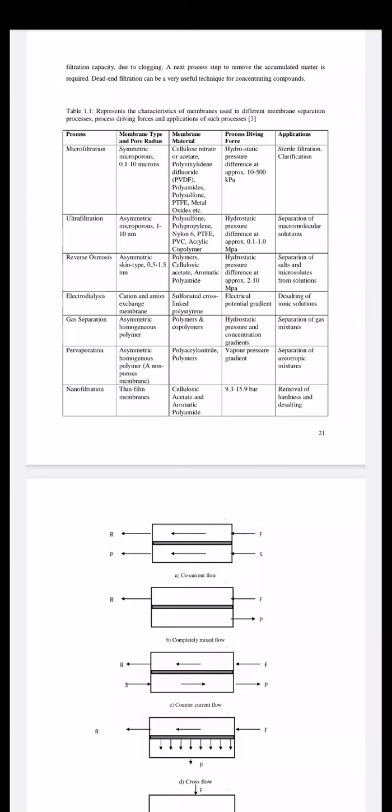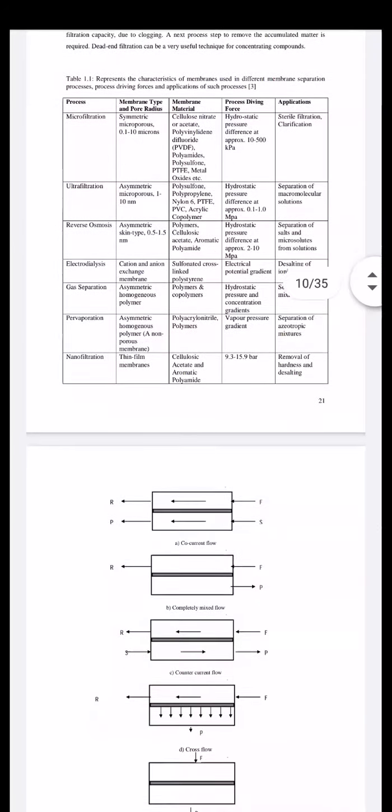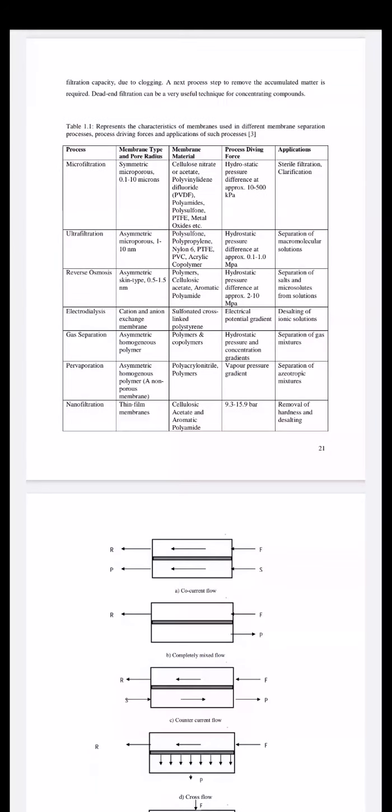The applied pressure might be in the range of 10 to 500 kilopascal, where the application is sterile filtration and clarification.